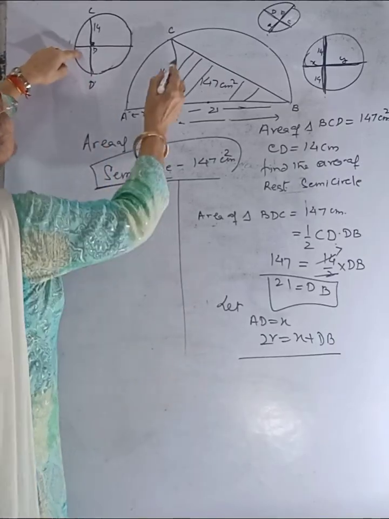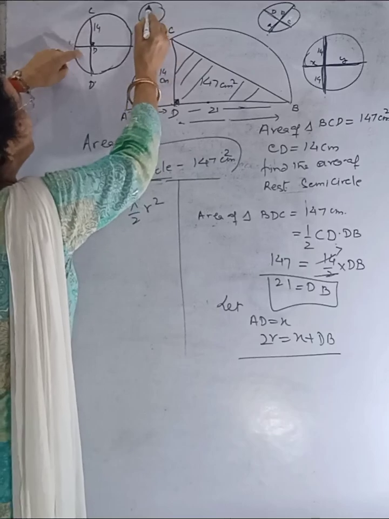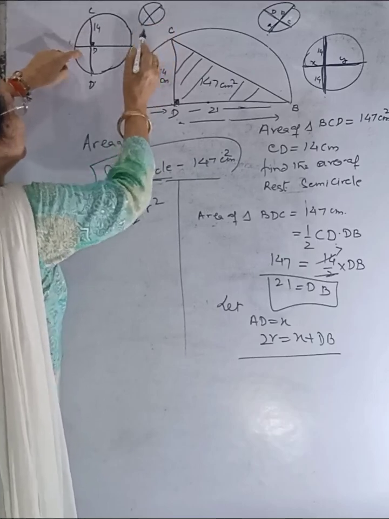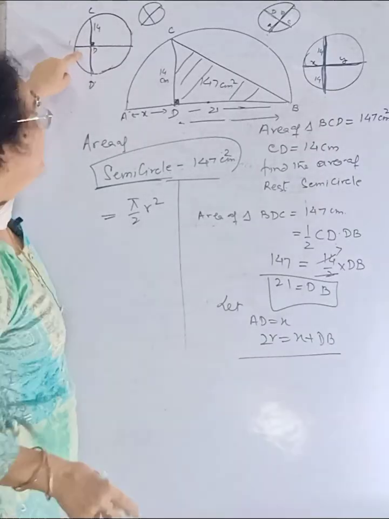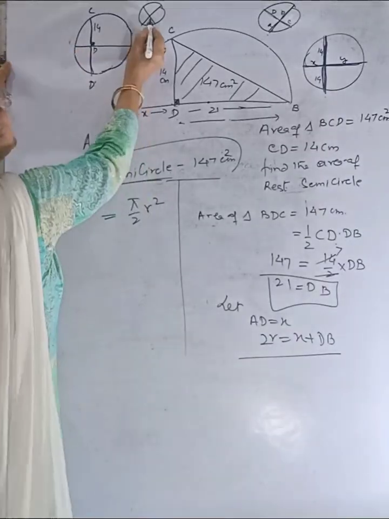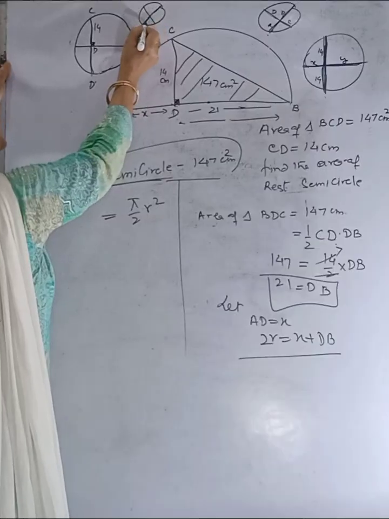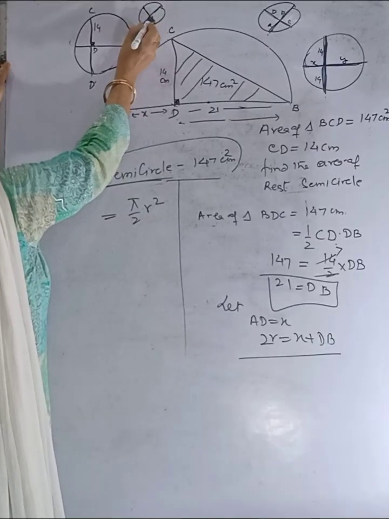Now we will apply the theory of intersection of chords when two chords intersect each other. It is not necessary for one to be a diameter. The product of the segments of these chords will always be equal to each other.